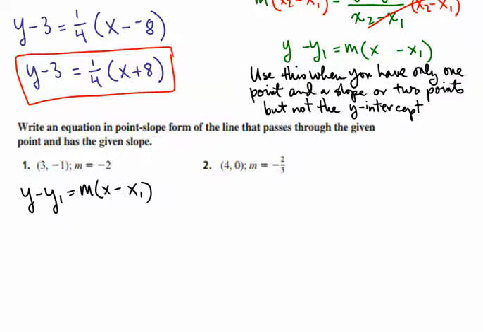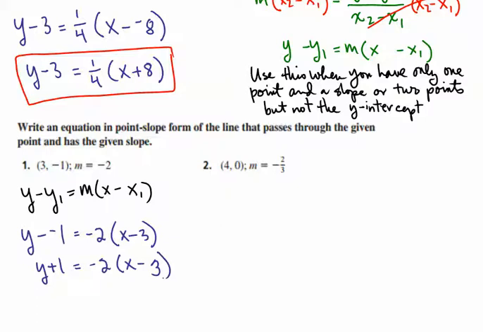So let's see how that looks. I have y minus y1, which is negative 1, is equal to m, which is negative 2, times x minus 3. And so I simplify y minus negative 1 to be y plus 1 is equal to negative 2 times parentheses x minus 3, and I'm done.